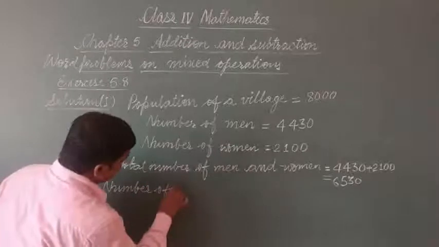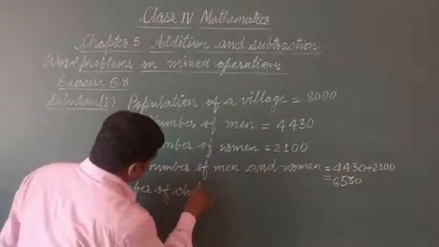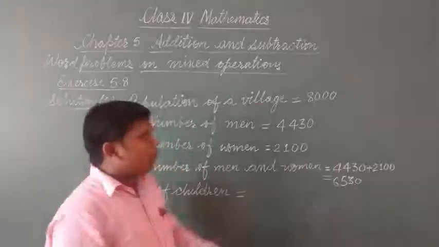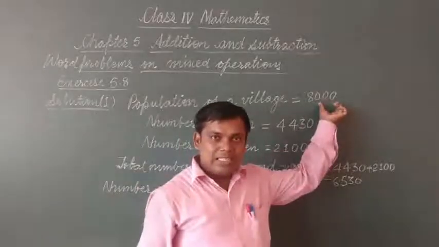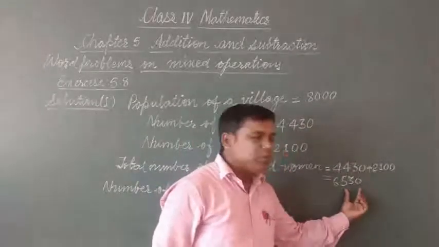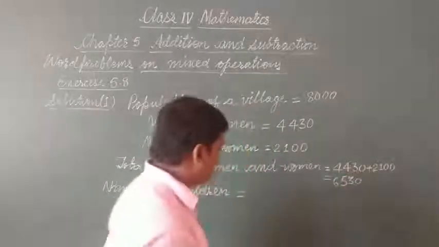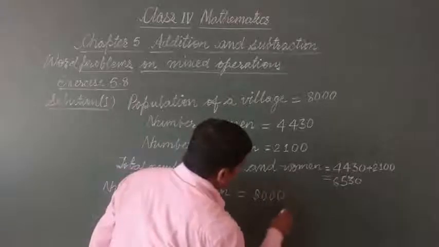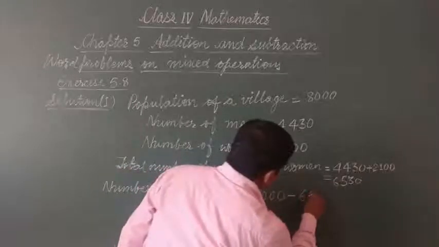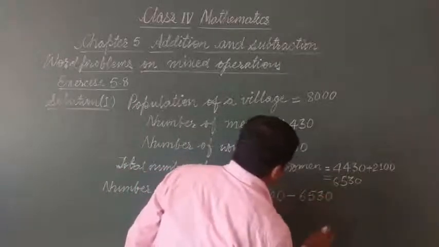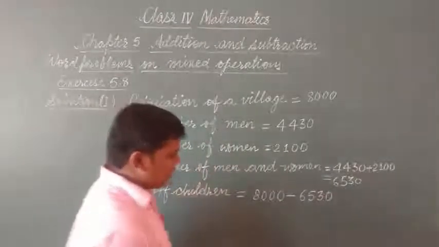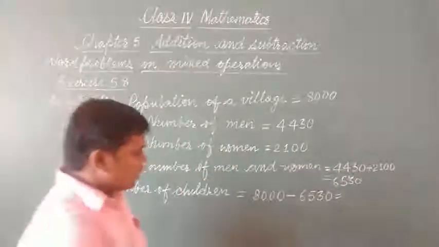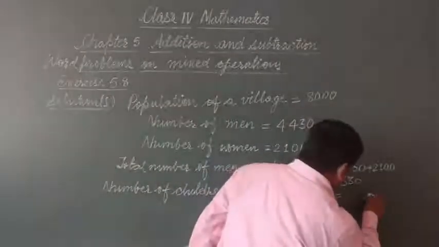Now you will write number of children. Number of children is equal to population of the village minus sum of the numbers of men and women. So you will write 8,000 minus 6,530. So when you subtract, you will get 0 minus 0, 0.